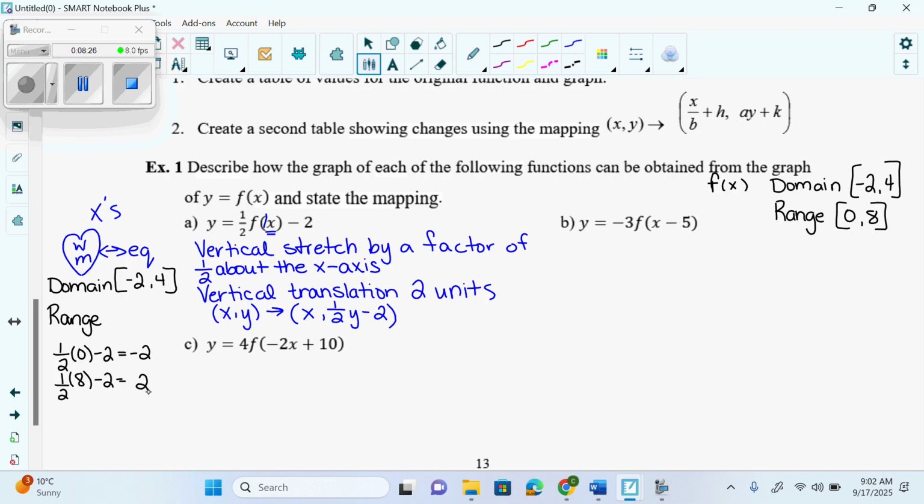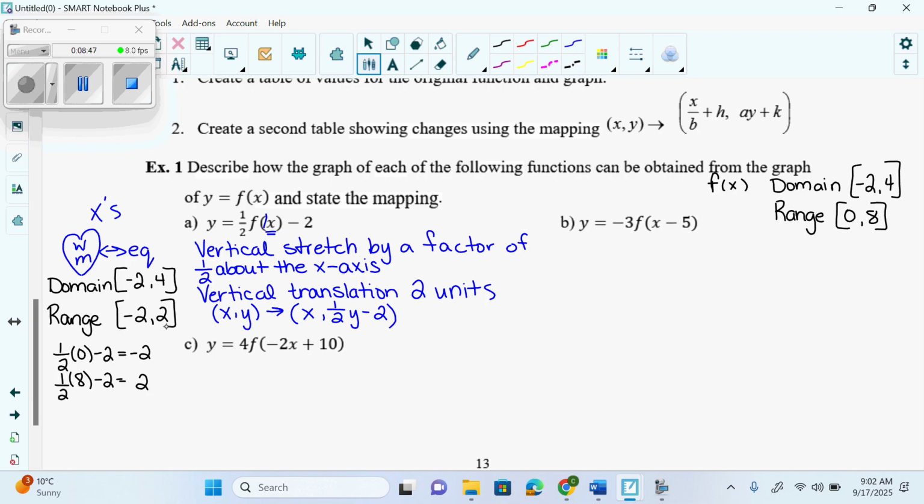Now, if you forget that, just remember, when you state domain and range, it has to go low to high, correct? So if my result would have been like 2 and -4, I wouldn't write 2, -4. I would write -4, 2, because I know they have to be in order. Yeah? Okay, so the range now is -2 to 2.